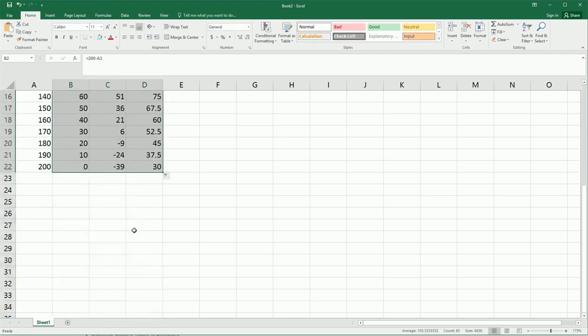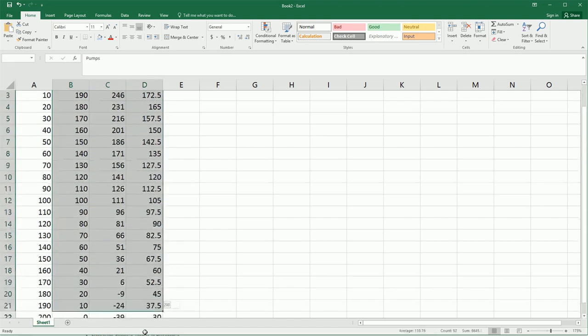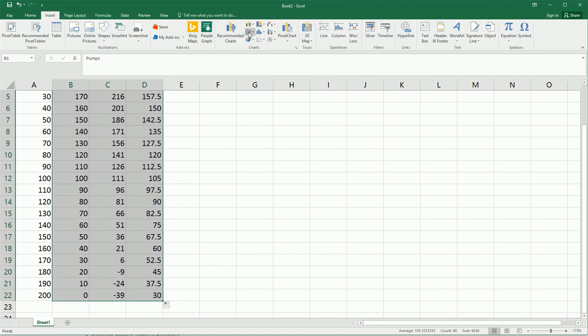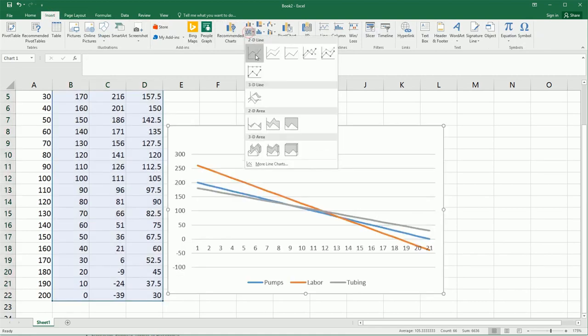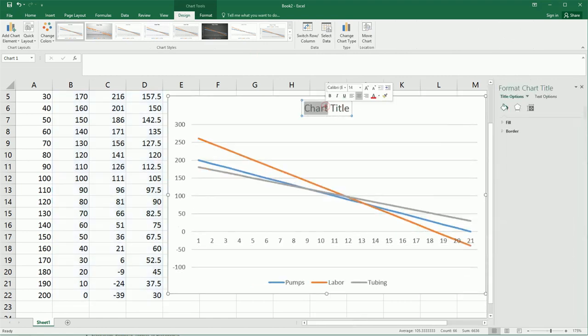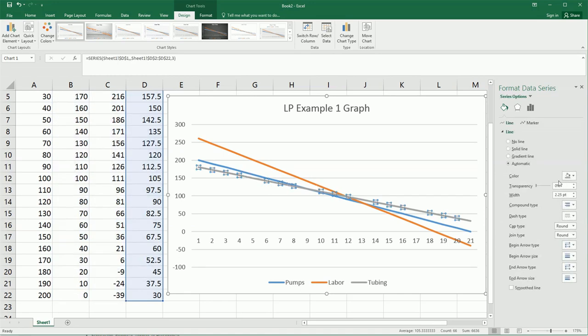Okay, and I take all those down, and now I can just highlight these, insert a line chart. I'll choose the top left option, and here I've created a graph. Here is LP example 1 graph. Okay, now just to kind of make things a little easier, I'm going to change some of the colors here. So I get that gray line, I'm going to change that to green.